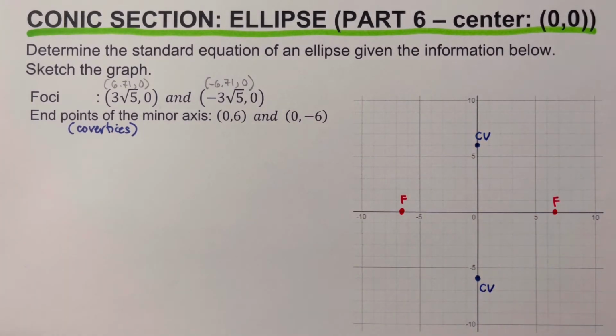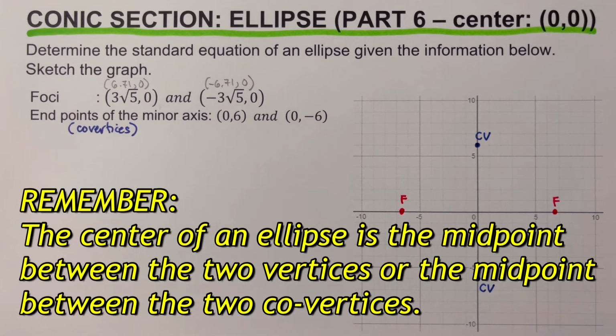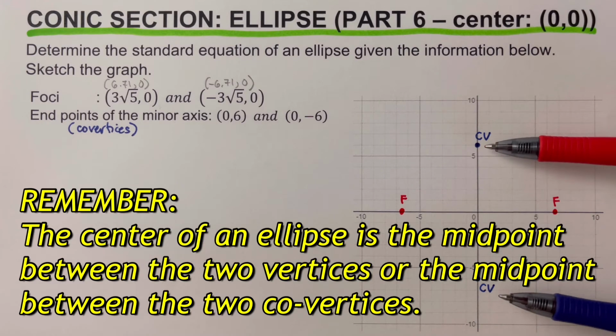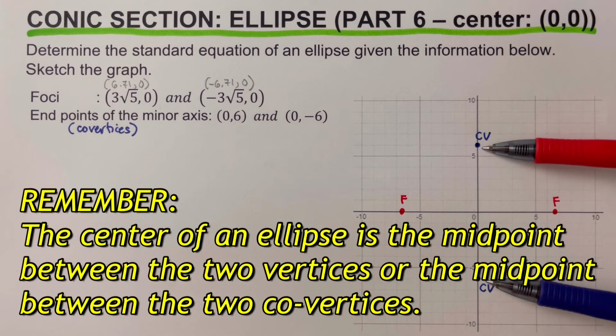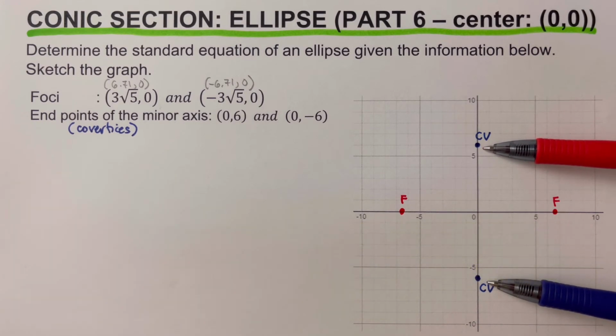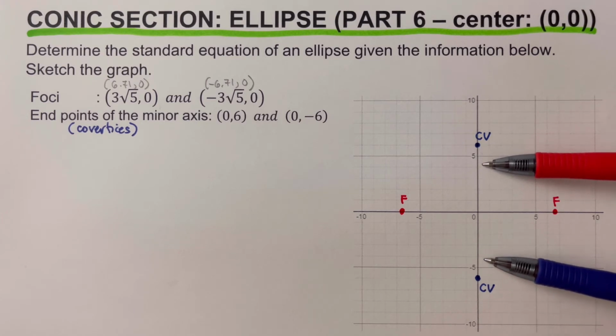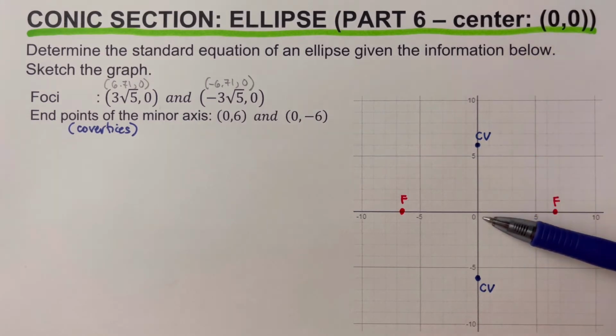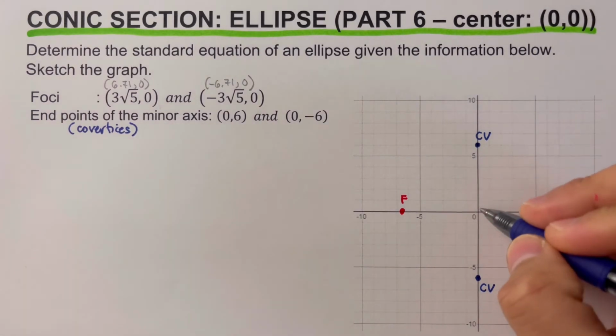From here, we can determine the center of the ellipse. We say that the center of every ellipse is the midpoint between the two vertices or the two co-vertices. We can use the midpoint formula to determine the midpoint between these two co-vertices, or we can trace it. The middle here is (0, 0). So this is our center.